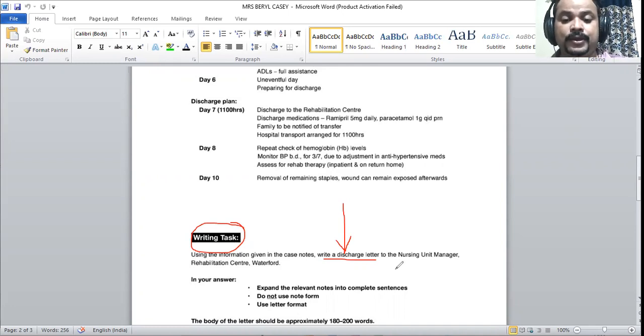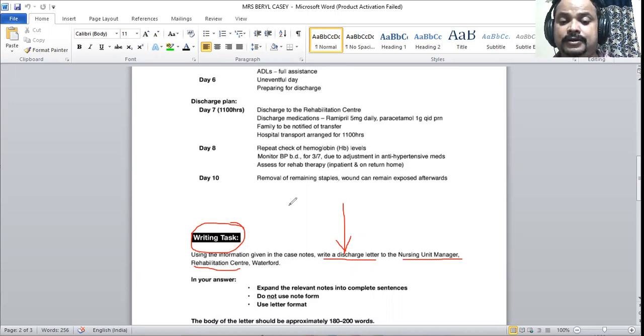Here we are handing over your patient to the nursing unit manager, and she is the nursing unit manager at a rehab center at Waterford.